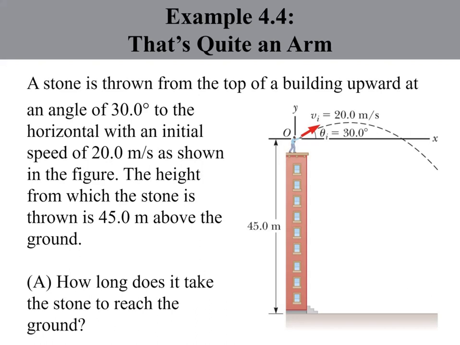The stone will have two motions. It will move forward and at the same time move upward, until it reaches maximum height, and then it will still keep moving forward since the forward motion is constant.